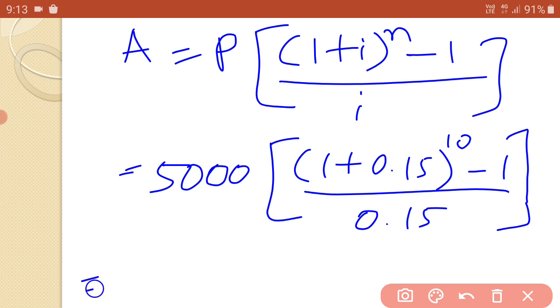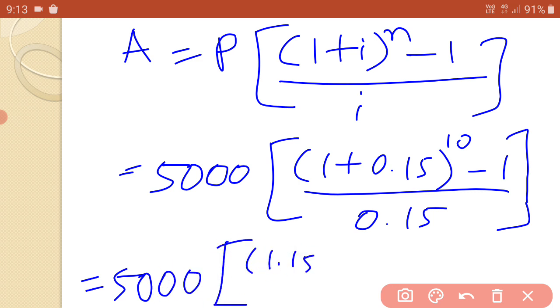Next step, 5000 into bracket 1.15 raised to 10 minus 1 upon 0.15.